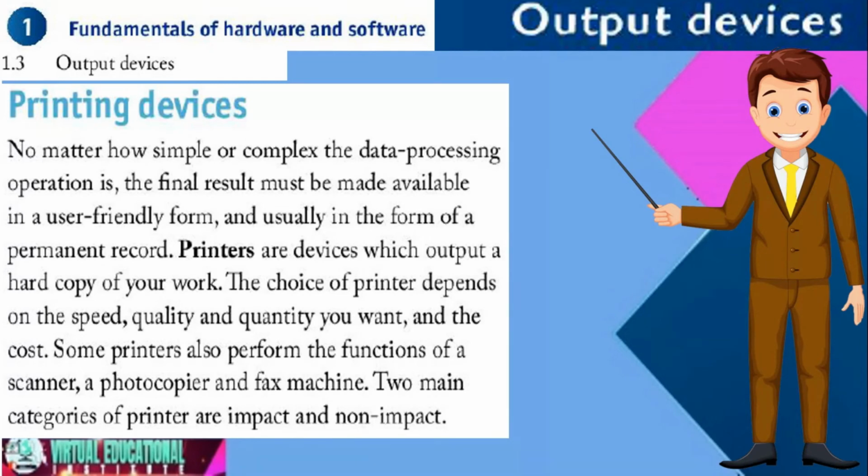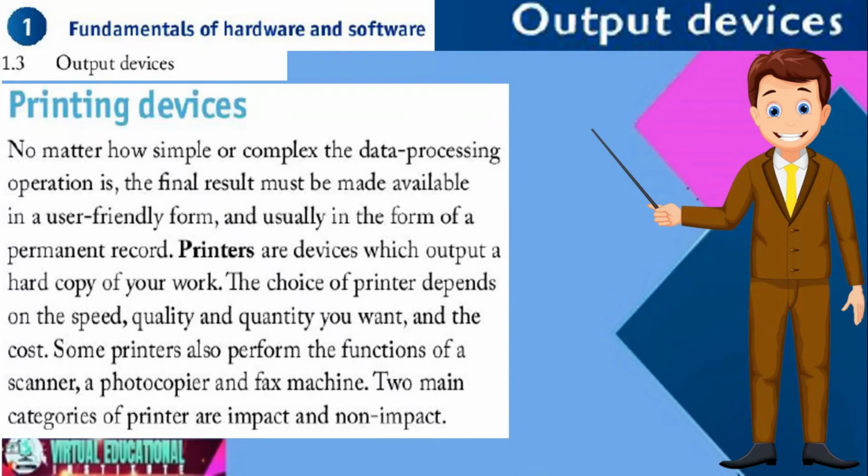Now, what is this printer really about that gives us hard copy output? Printers are devices which output a hard copy of your work. The choice of printer depends on the speed, quality, and quantity you want, and the cost. So, we all know that a printer gives us hard copy, but there are various types of printer. What is going to determine the type of printer you need?